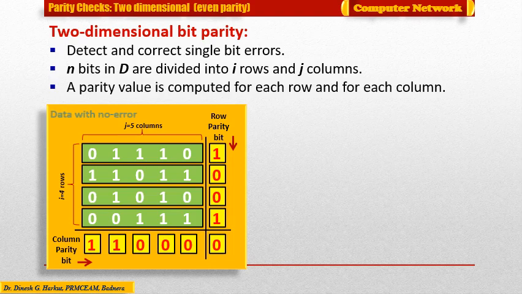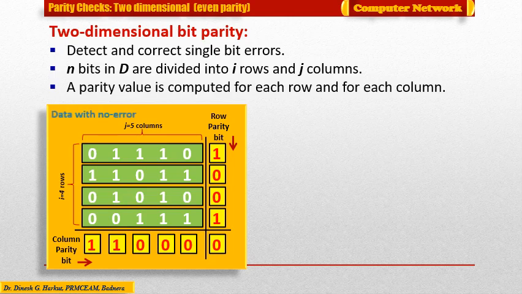With this two-dimensional parity scheme, the parity of both the column as well as the row containing that flipped bit will be in error. Because of any single bit flipped, two parities, one of the row as well as one of the column where that bit lies, will be in error.